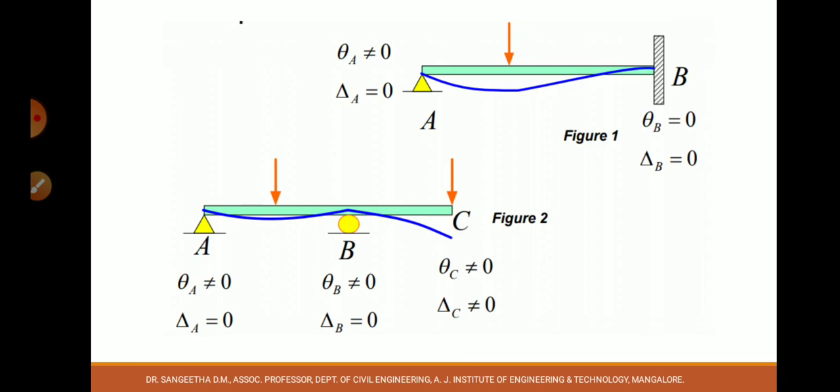Therefore theta A exists, rotation exists, but deflection is 0. Same thing at A. H and V exist, theta A is not 0, whereas deflection is 0. So, depending upon the restraint conditions, if you compare this, you will get the answer properly.